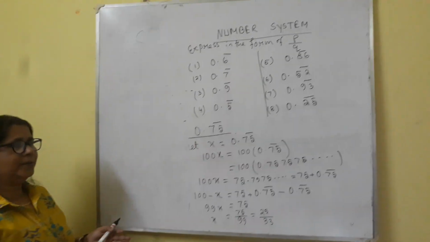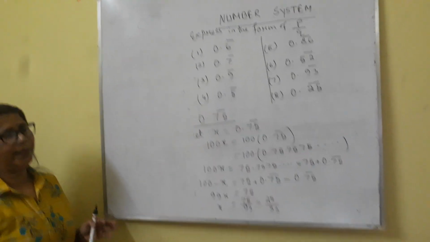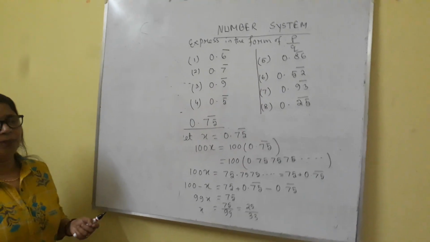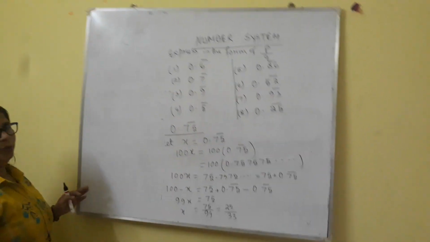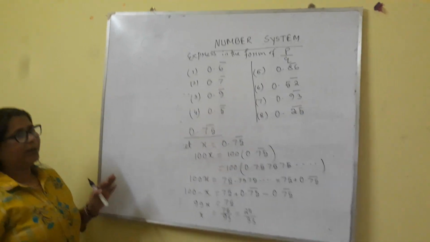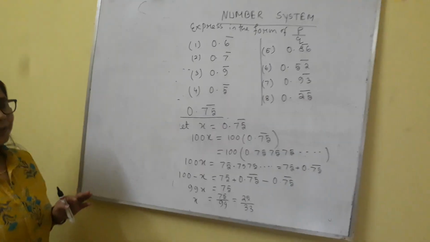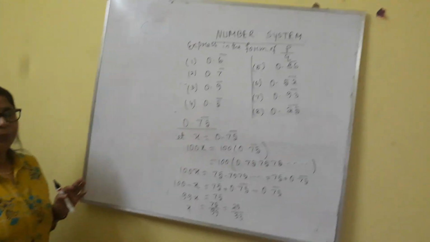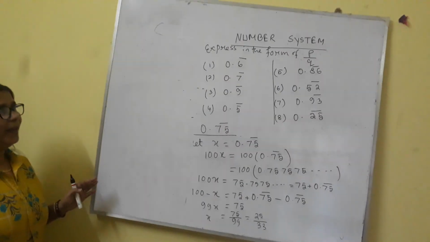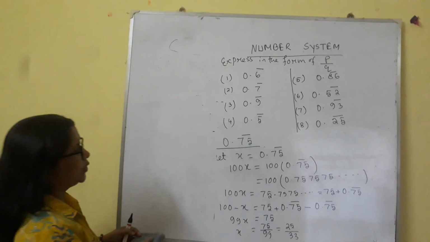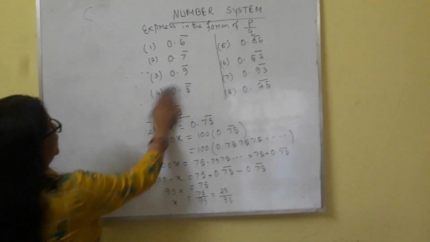Either you can get a terminating decimal form or a non-terminating decimal form. Now, let's discuss some irrational numbers. As we know, a real number is a combination of rational numbers and irrational numbers.